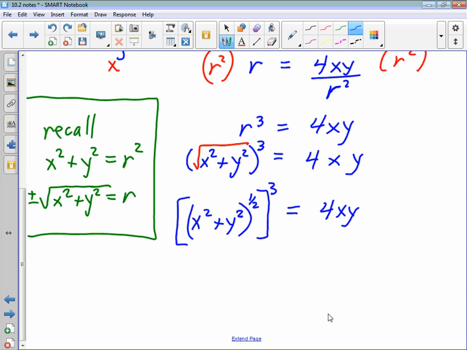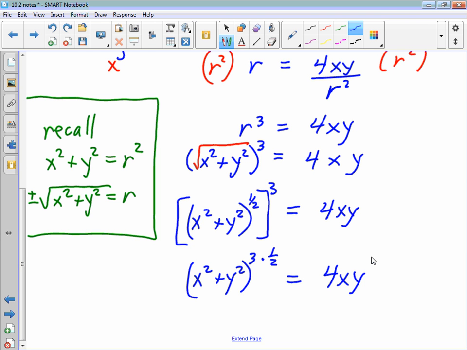So far, so good. Now, recall your rules of exponents. This is x squared plus y squared to the 1/2 to the third. Remember what we did with these exponents. We just multiply those exponents. So now I'm going to write this as x squared plus y squared to the 3 times 1/2 equals 4xy.